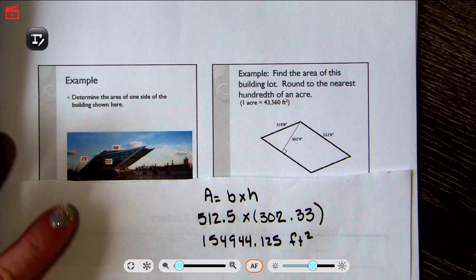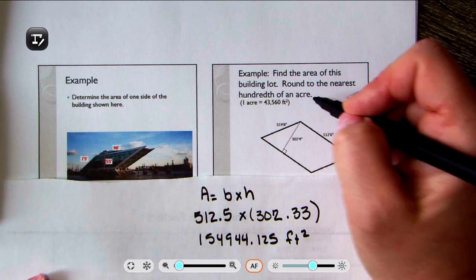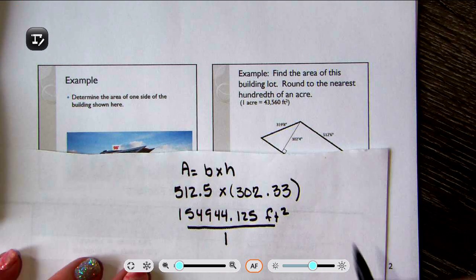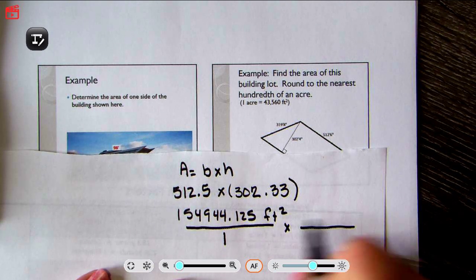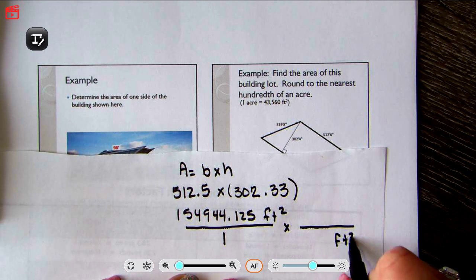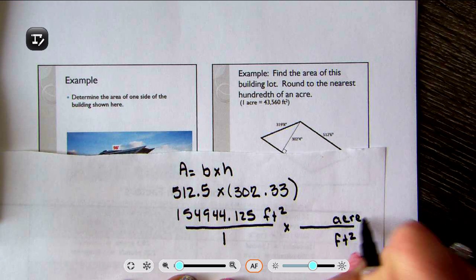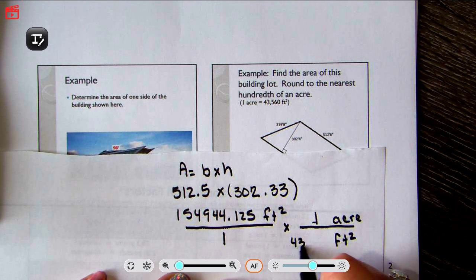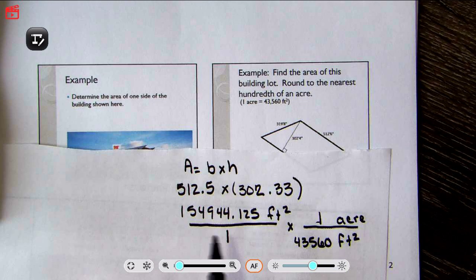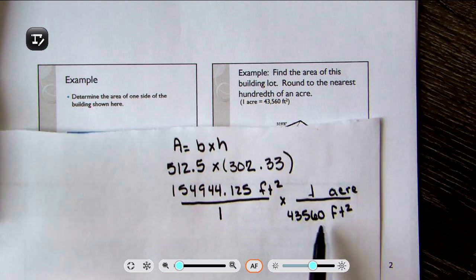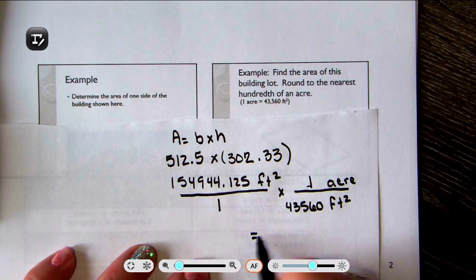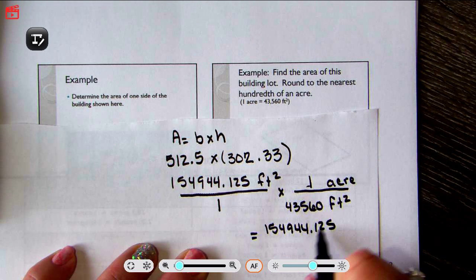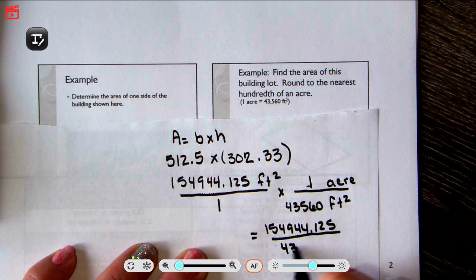Now we want to convert that to an acre. So remembering how we converted, put that over 1, turn it into a fraction. We want to get rid of the square feet, so I'm going to put square feet on the bottom, acres on the top. And 1 acre is 43,560 square feet, which means I'm going to be taking this number and dividing it by 43,560.